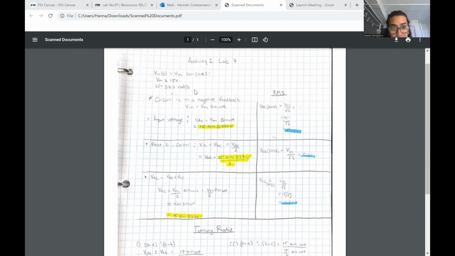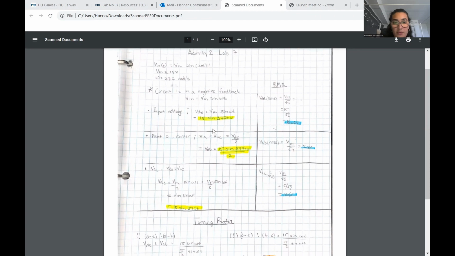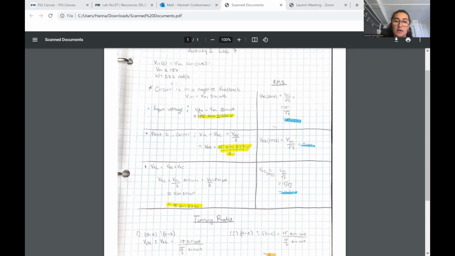As I said before, the circuit is in a negative feedback loop, so our Vin is equal to our Vm sine omega t. For input voltage, we put our VDE equals Vm sine omega t, and then we just replace all our values into it, and we get 15 sine 377t V.